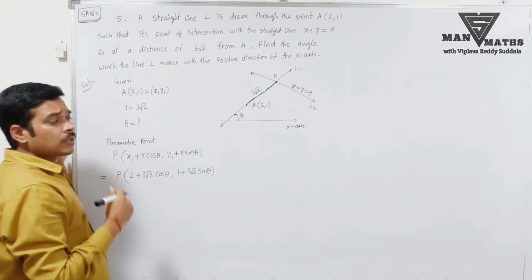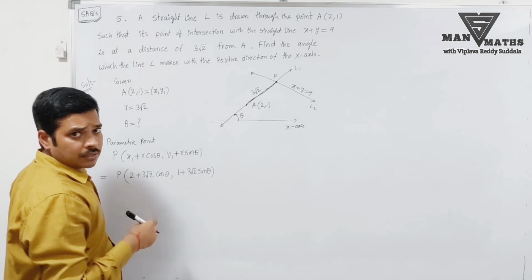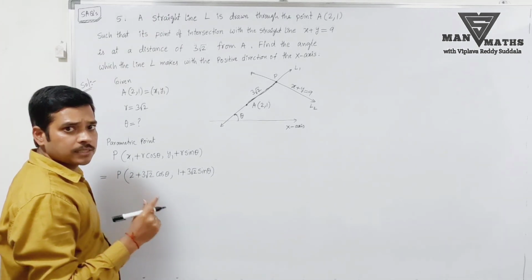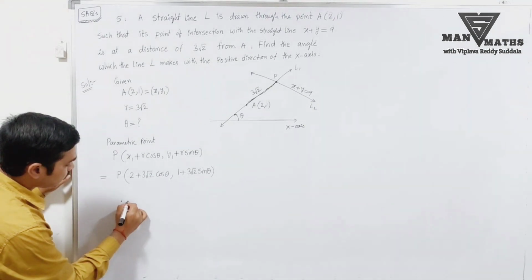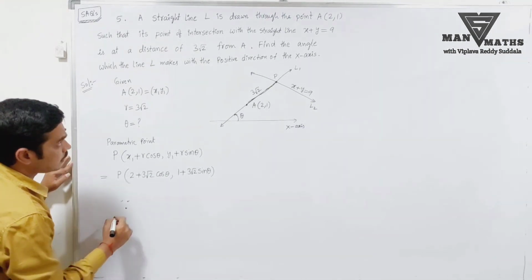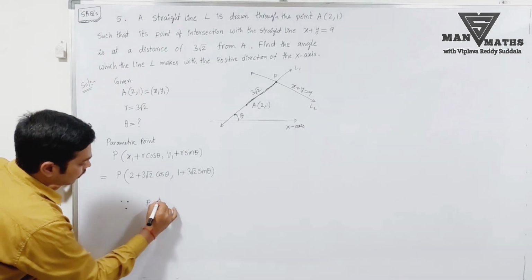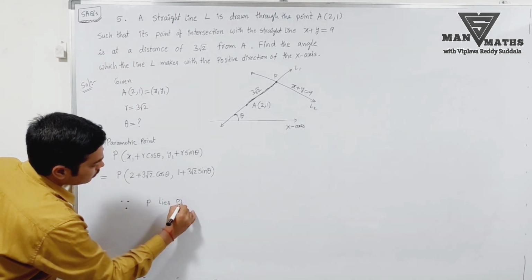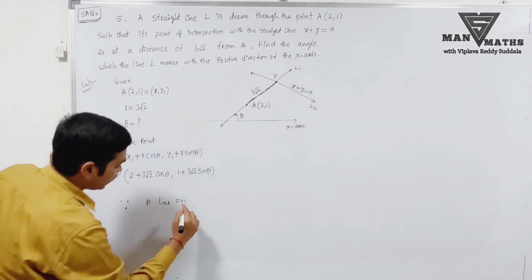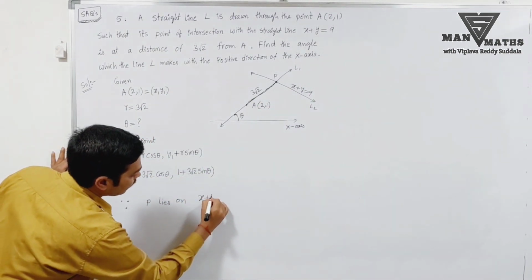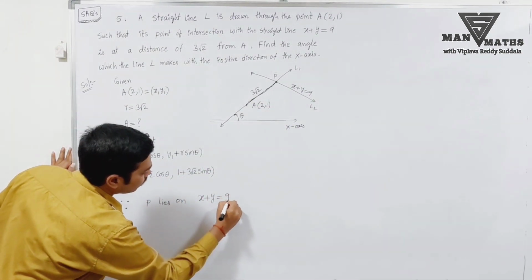From the diagram, P lies on the first equation as well as the second equation, because P is the point of intersection of L1 and L2. Since P is the point of intersection of two lines, P lies on the second equation, x + y = 9.